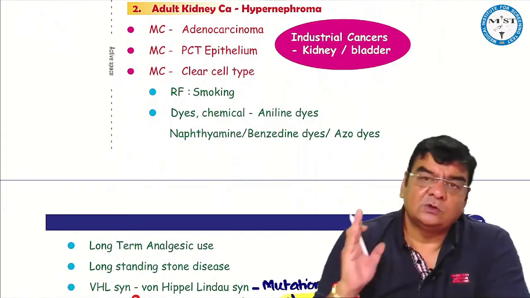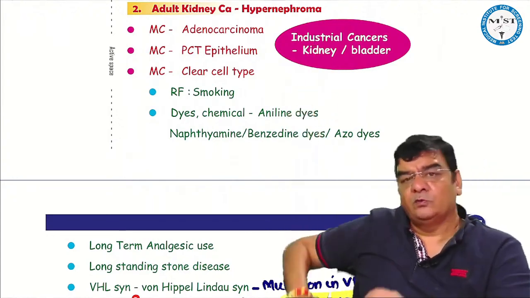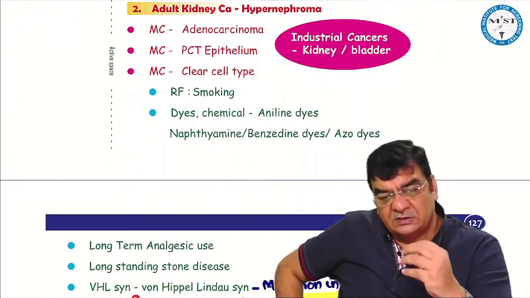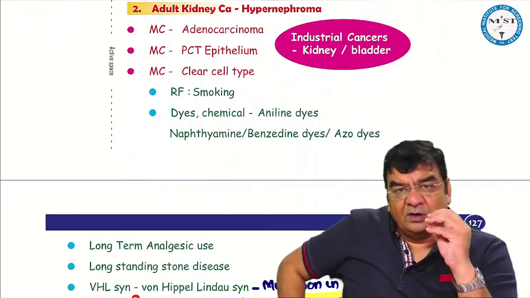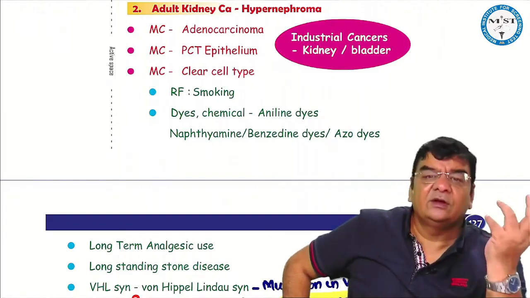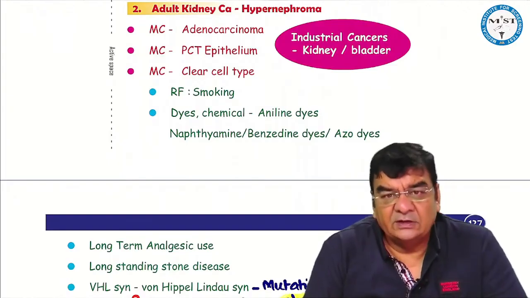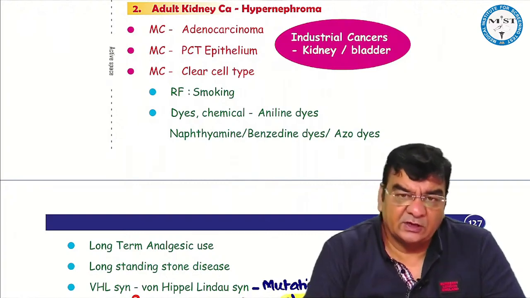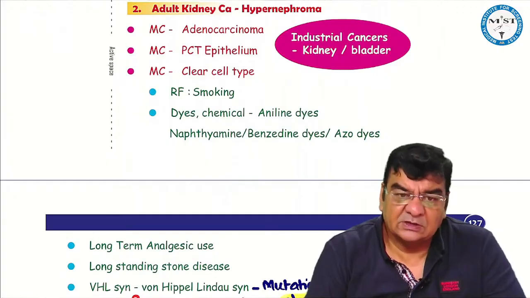Kidney and bladder cancers are also called industrial cancers or occupational cancers, because people who are working in different industries, maybe industries related to dyes, chemicals, textile, rubber, polish, carpenter, painter, or industries where aniline dyes, naphthylamine, benzidine, azo dyes are used, definitely get these chemicals absorbed through the skin and excreted through the urinary tract, exposing the urinary mucosa to these harmful chemicals.